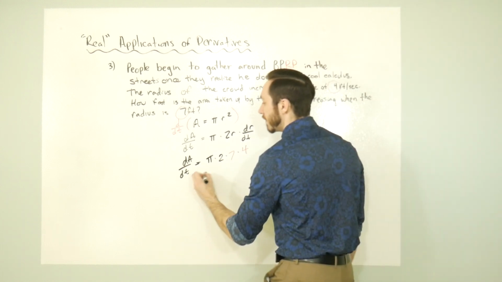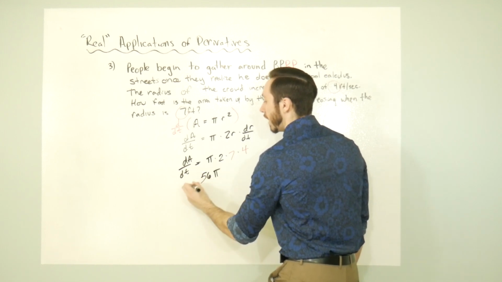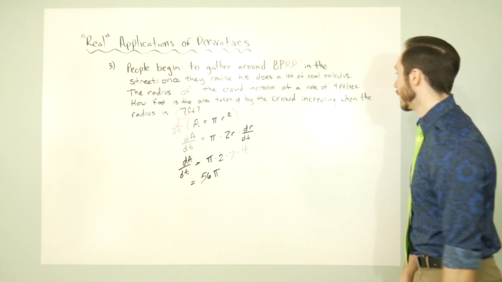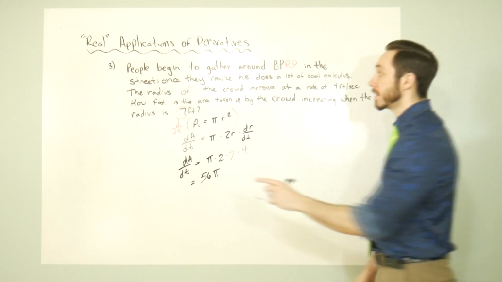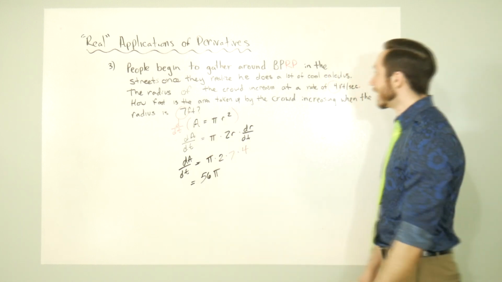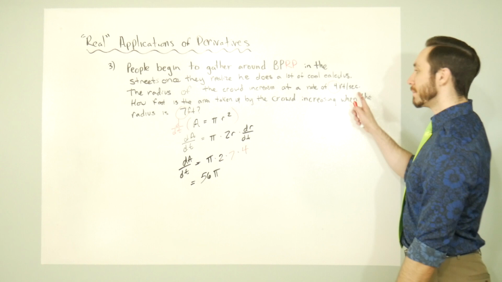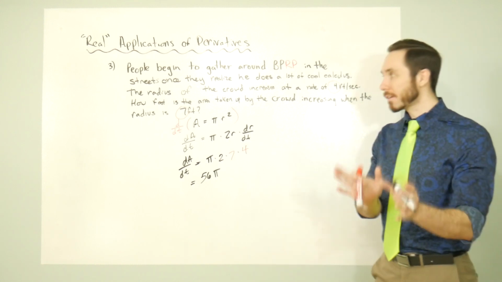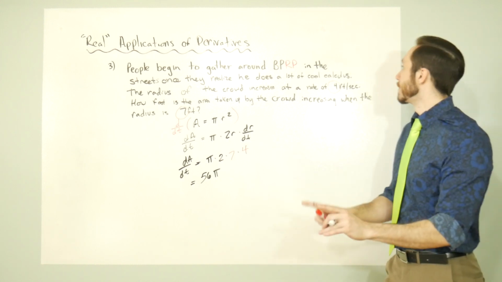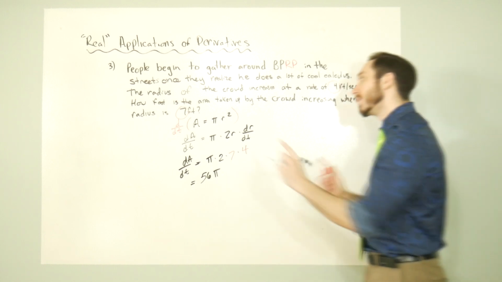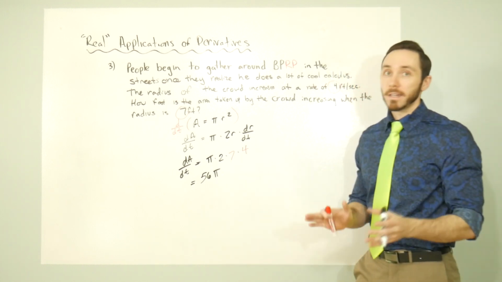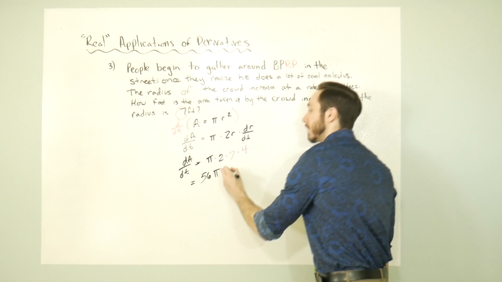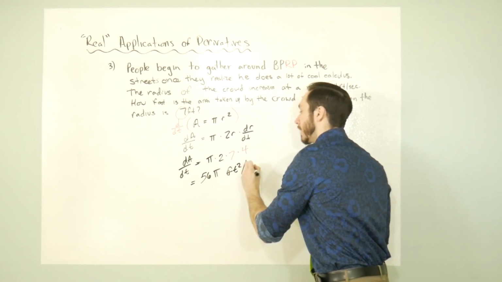So this is going to be 56 pi, and we should attach our unit, right? So it's a rate. It's not going to be just feet, and it's not going to be even feet per second. It's a changing area. It's a rate of an area. So I know my time is seconds. I know my feet is the unit at play. Area is squared, so it's going to be feet squared per second.